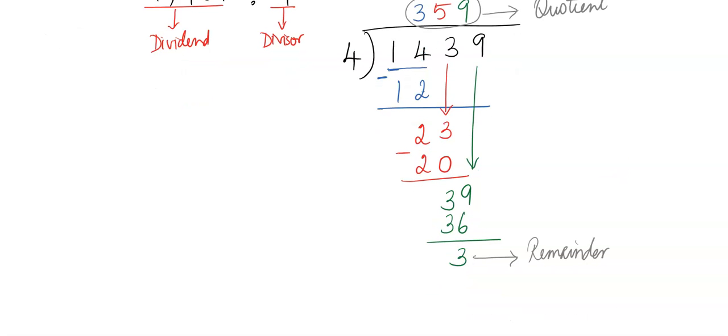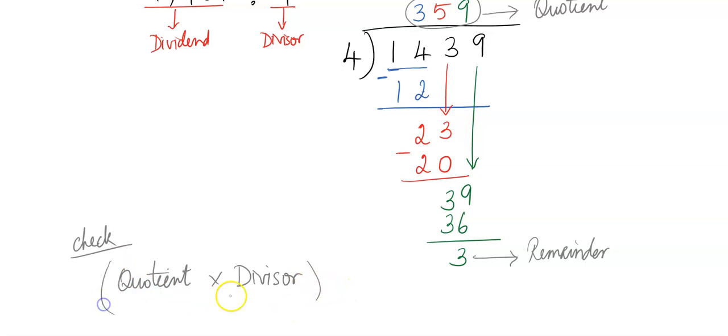Okay. So the check would be quotient times divisor. We did this, right? So you have to do this first, and then plus the remainder. If you add the remainder to what you multiplied, that should give you the dividend.